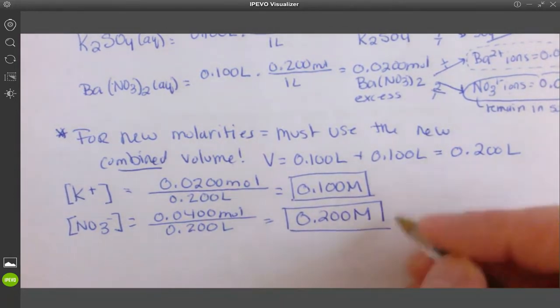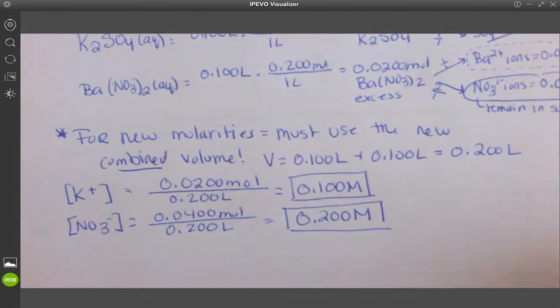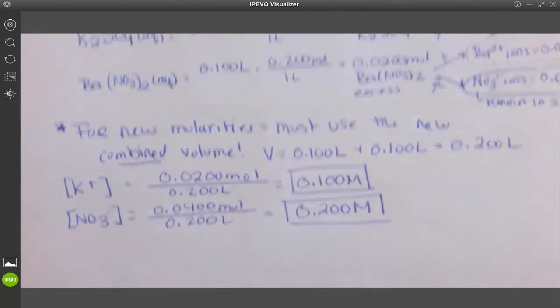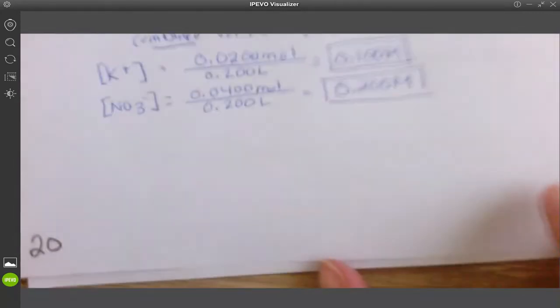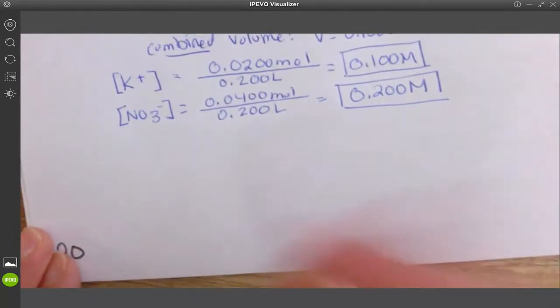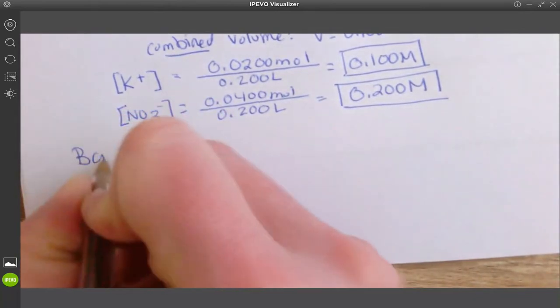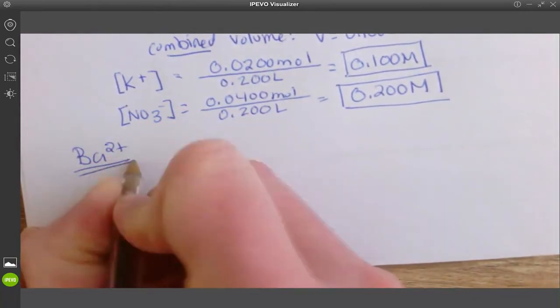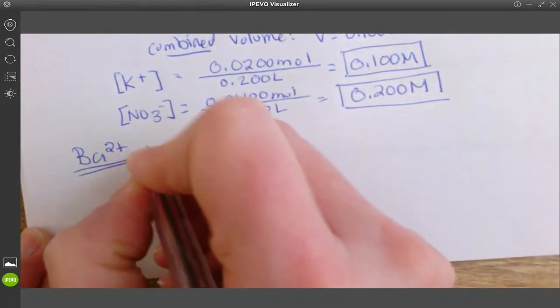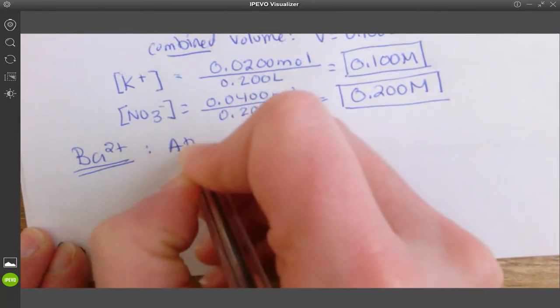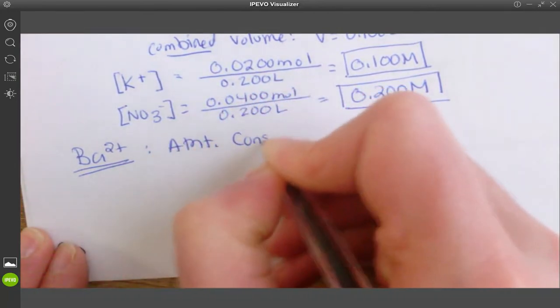Okay, so we found 2 of the ions that we need. The last one is going to be dealing with our barium ions. I'm going to write this out a little bit so you have some notes. For barium, I'm first going to have to look at the amount that was consumed.